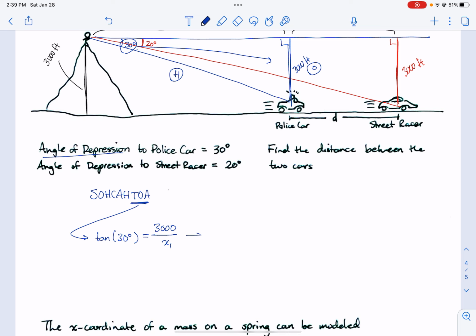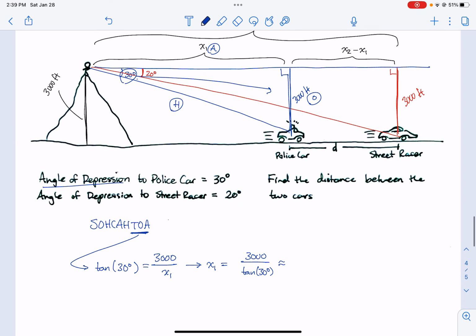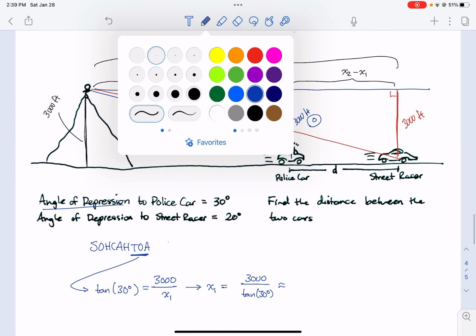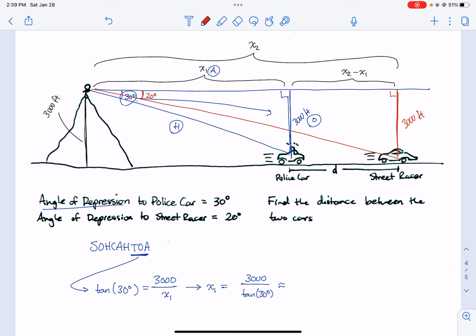If I solve for x1, x1 is going to be equal to 3,000 divided by tangent of 30 degrees. Let me hold off on the calculator. Let's solve for x2 while we're at it. For x2, let's focus on the red triangle. Across from my angle is my opposite side. Here's my hypotenuse, and x2 is my adjacent side.